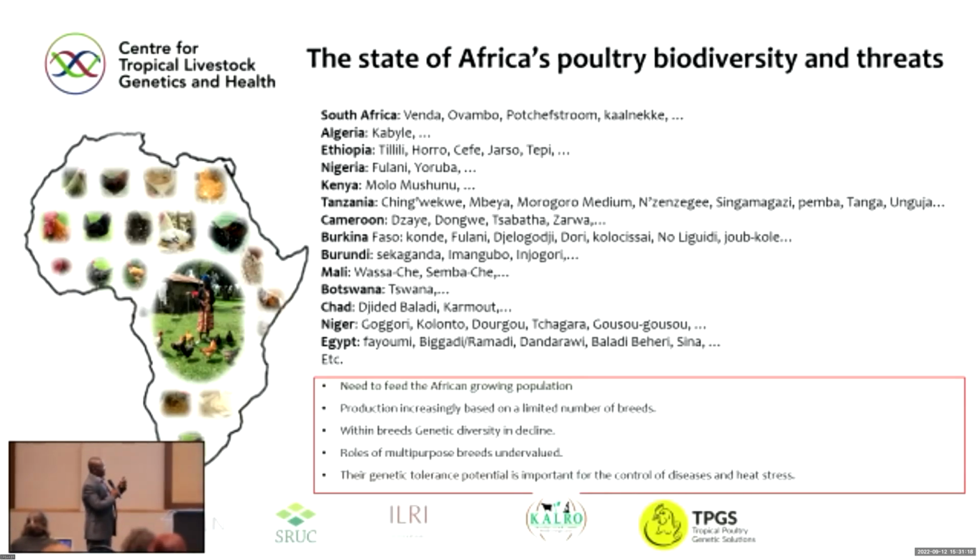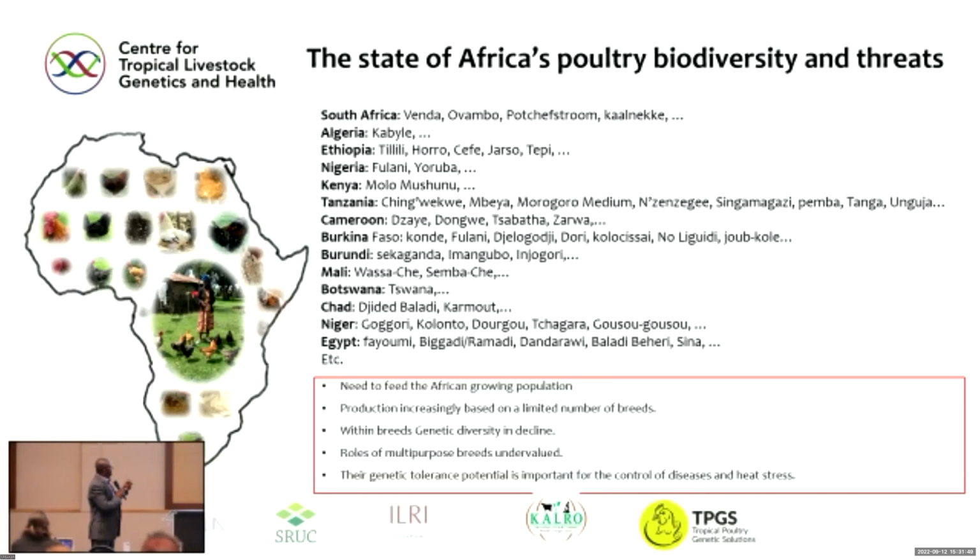And we also notice that with the demands in animal food, we have increased production based on a limited number of genetic resources, limited number of breeds, which is really growing on the continent. And with that introduction of exotic breeds, we have decline in the genetic diversity on the continent, and some of the breeds that we can see here are slowly disappearing.